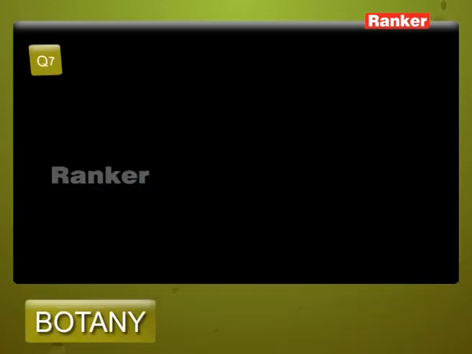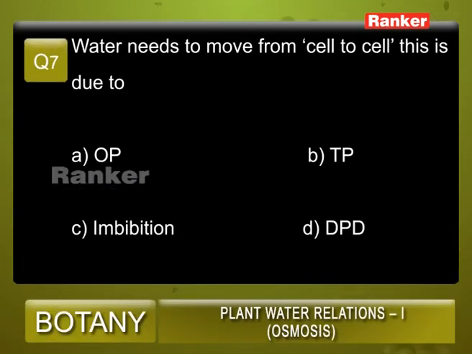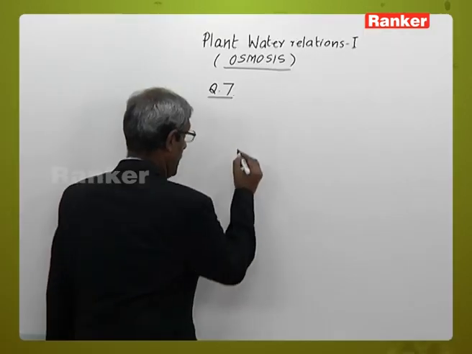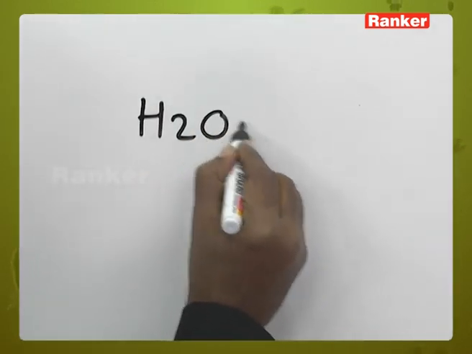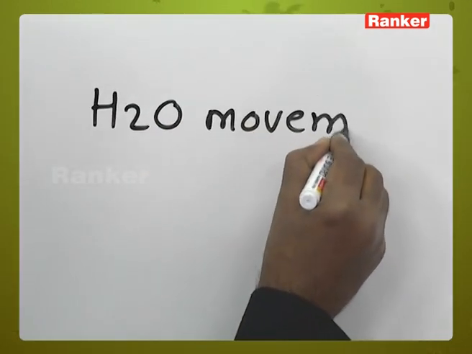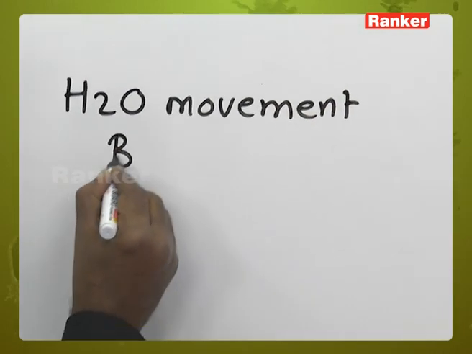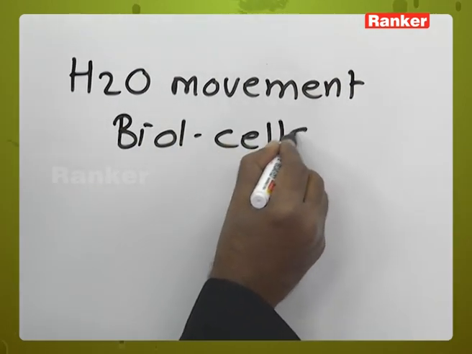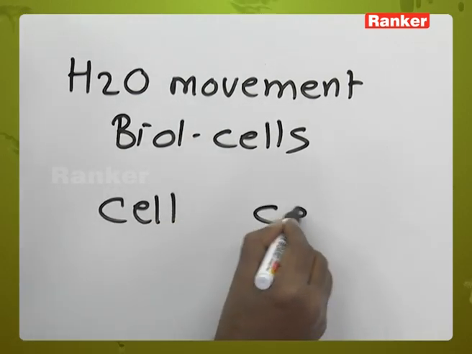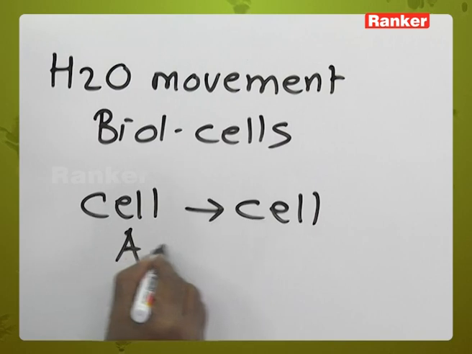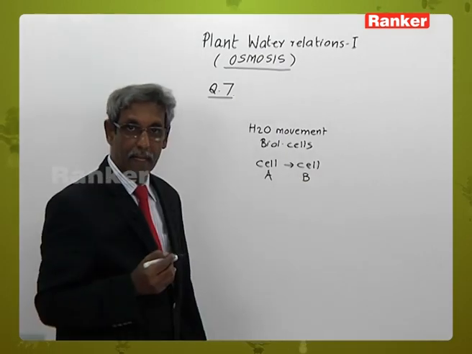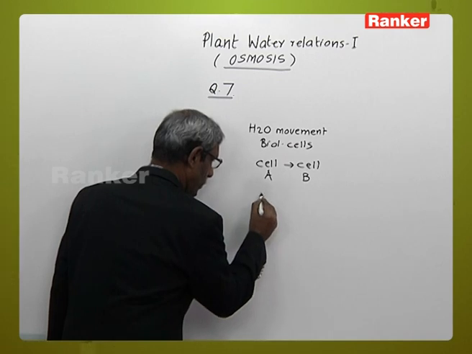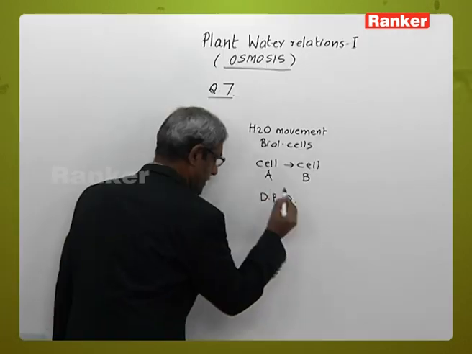Question number 7. Water needs to move from cell to cell. This is due to A, OP, osmotic pressure, B, TP, turgor pressure, C, imbibition, D, DPD or diffusion pressure deficit. The prime reason why water movement occurs in biological cells, especially from cell A to cell B, is attributable to one very important property called diffusion pressure deficit.